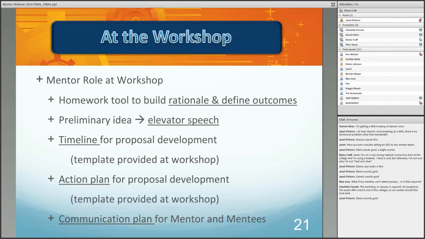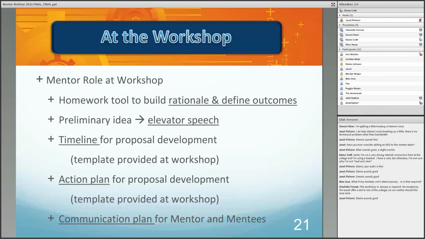Knowing the desired outcomes for the project is also, as you know, a building block for creating a logic model for the project. And we started last year emphasizing a little bit more the use of logic models as an organizing tool. Remind your mentees to start with the end in mind. What will success look like at the conclusion of their project? What activities and resources are needed to achieve success?